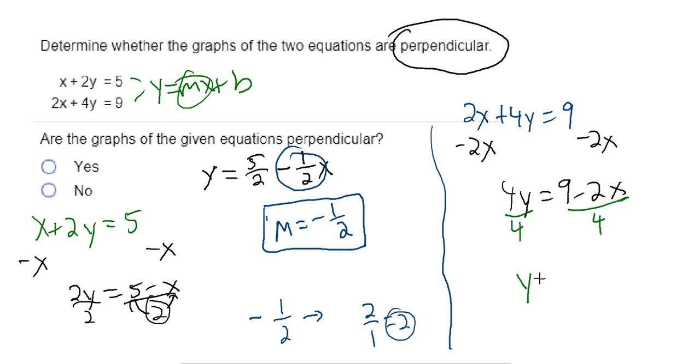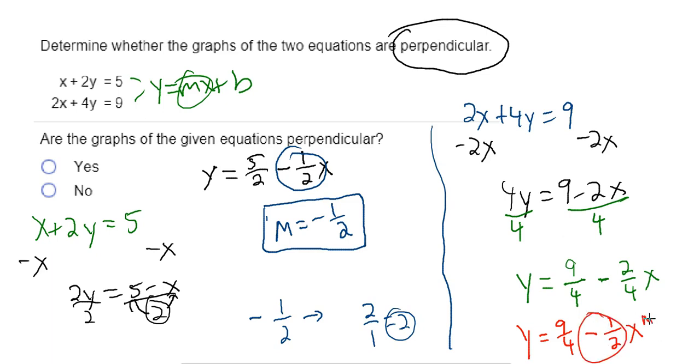And we get y equals 9 over 4 minus 2 over 4x, which can be reduced, and maybe you did that already, and that's good if you did. You get 9 over 4 minus 1/2 x. So the slope we get here is negative 1/2.